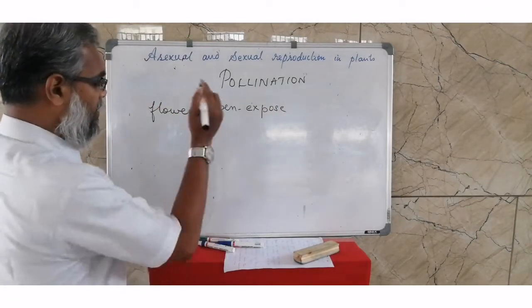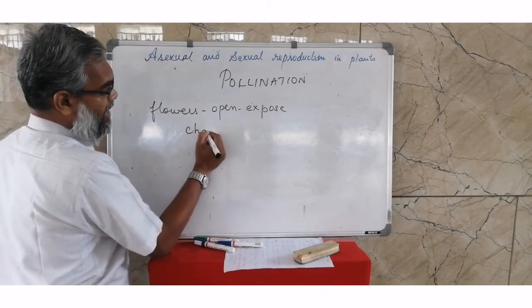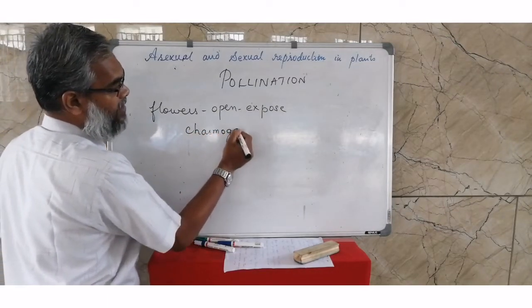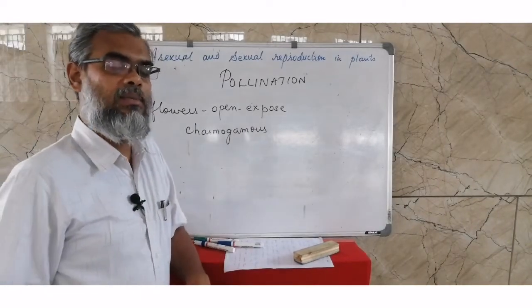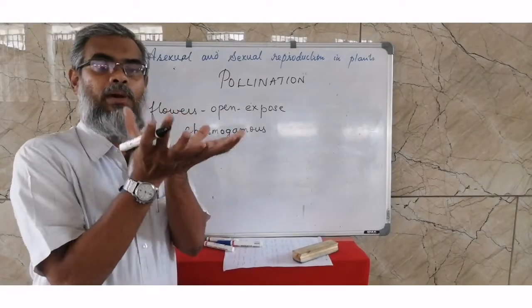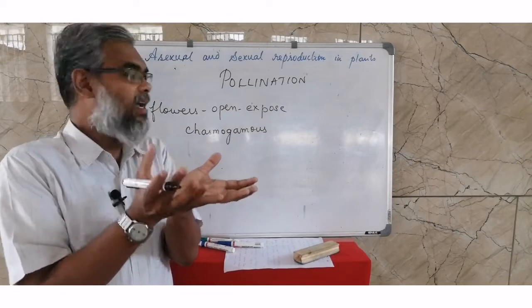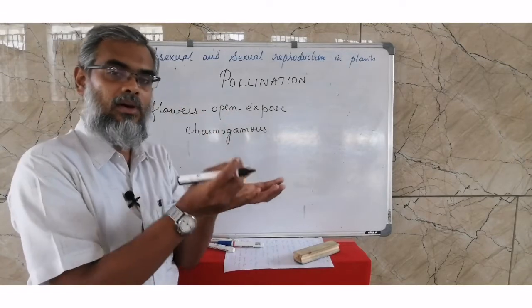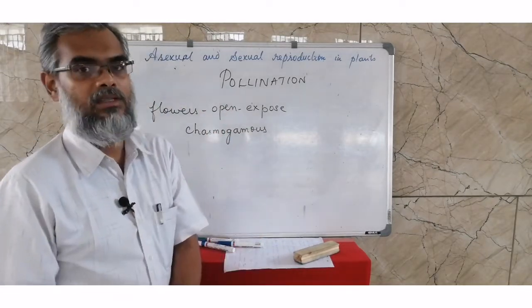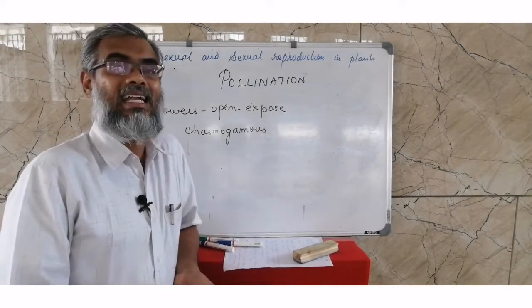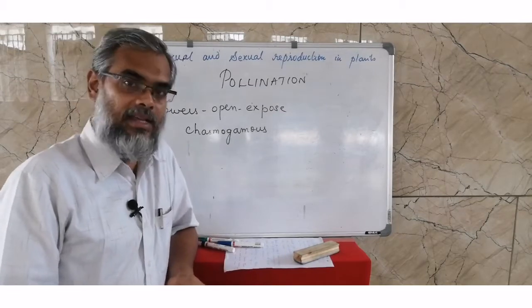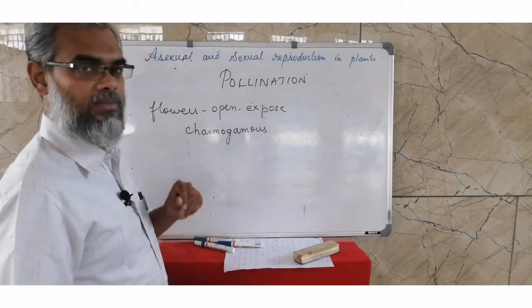That is called chasmogamous. Chasmogamous flowers open and expose, and the pollen grains fall on the stigma. This process is called chasmogamy.